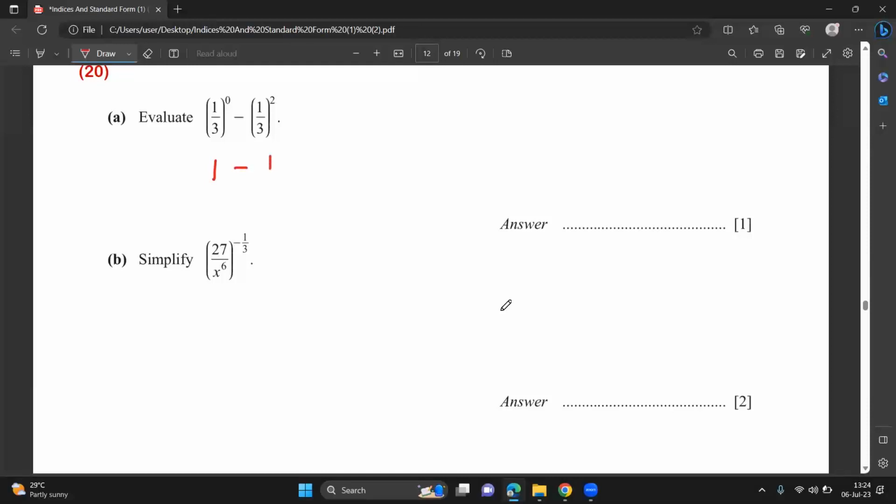What is 3 squared? Now do you understand it's 1 over 9? What is 1 minus 1 over 9? Who knows that? Very good. 8 over 9. 1 minus 1 over 9 is 8 over 9. Very good. Because 1 is equal to 9 over 9.